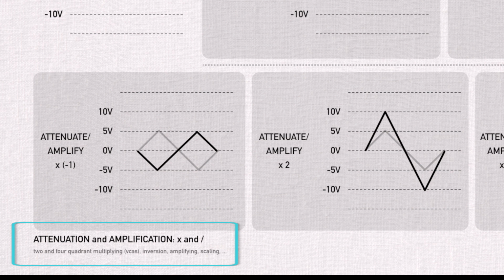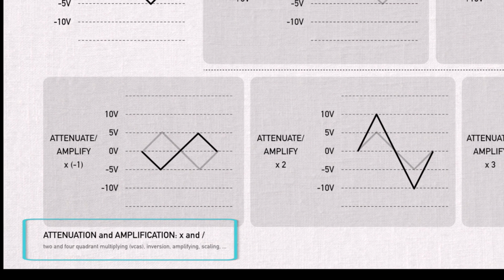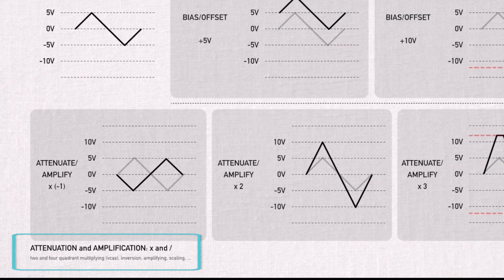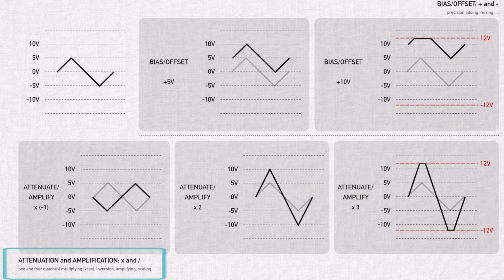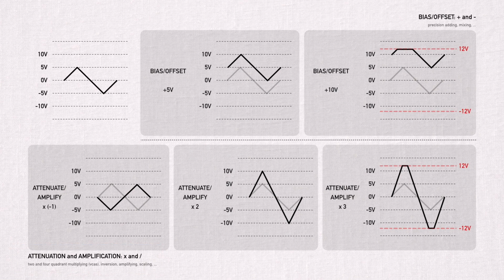You find this in, well, in some form or other in distortion or clipping modules. And this is also what you're seeing when you are attenuating a signal on a mixer, which is essentially what I meant with scaling.